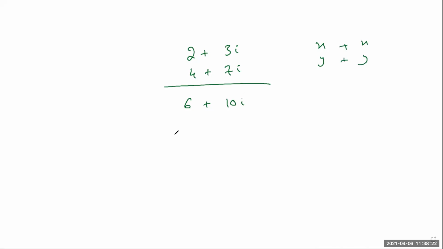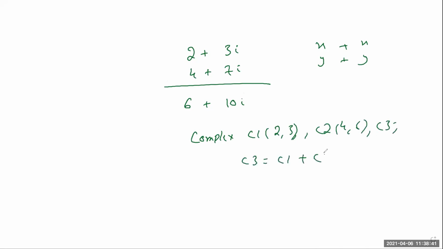So using exactly the same piece of code, you can make a class which is complex number. You can make different complex numbers like this, C1, C2, and maybe C3. And using a very similar program, you can actually add complex numbers as well.